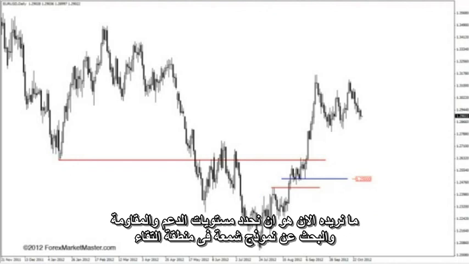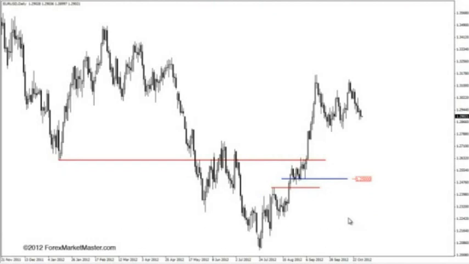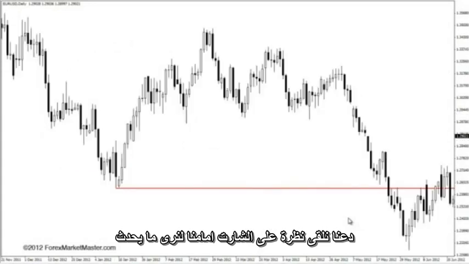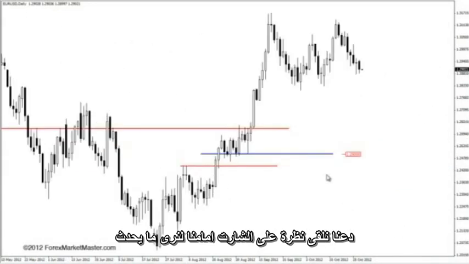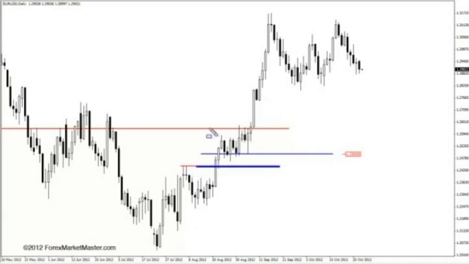So what we want to do now that we have our support and resistance levels in place is to look for a confluent candle pattern that will help us to get into a long position. So let's look a little closer at our chart here and see what's going on. We have our two horizontal support and resistance lines, and they're of course here and here.